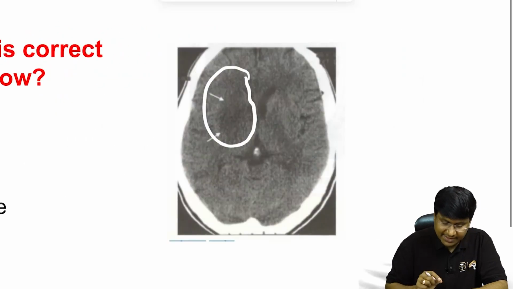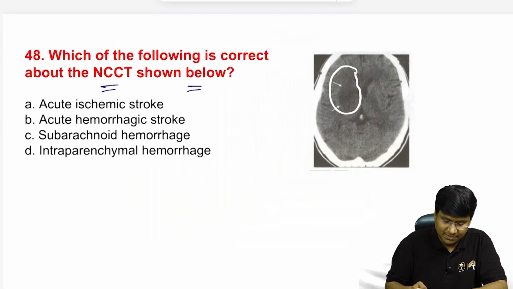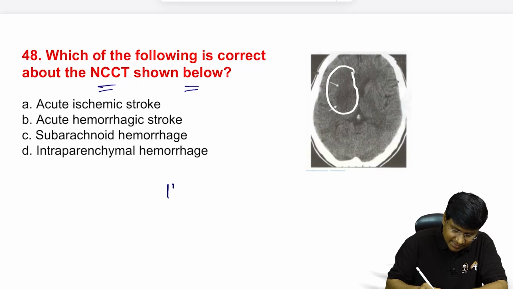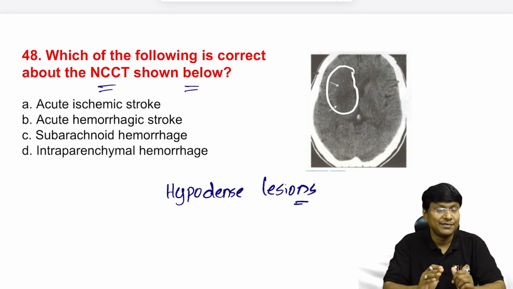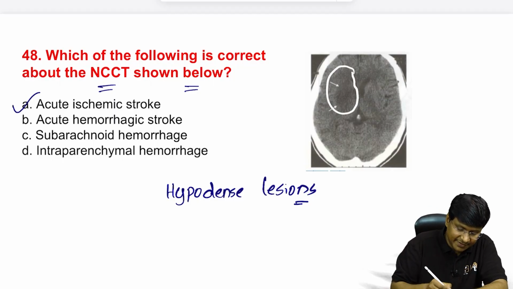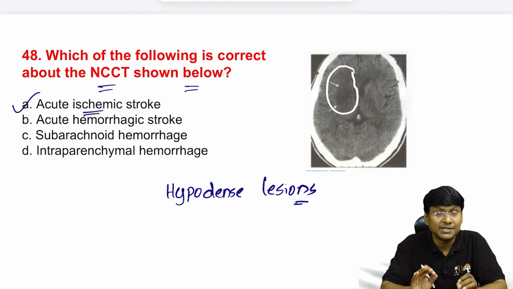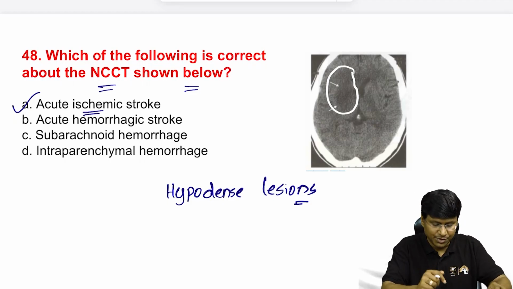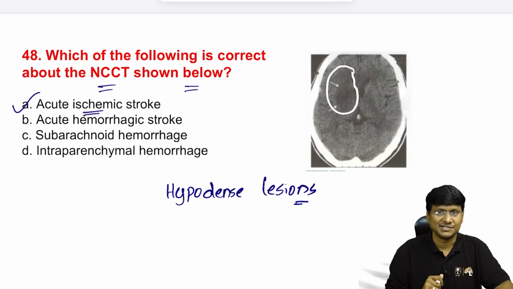It is excessively dark in the parenchyma, so this is a hypodense lesion. Hypodense lesions are observed in acute ischemic stroke.